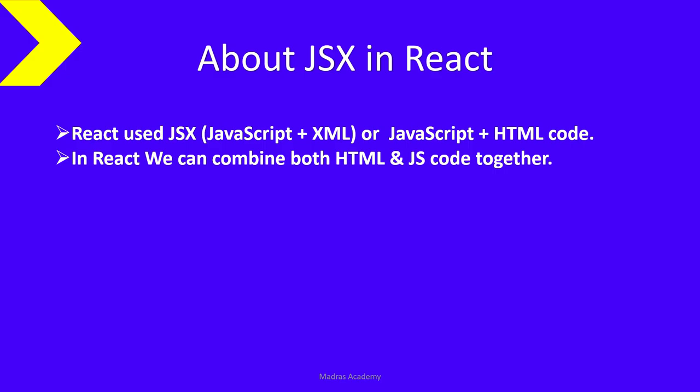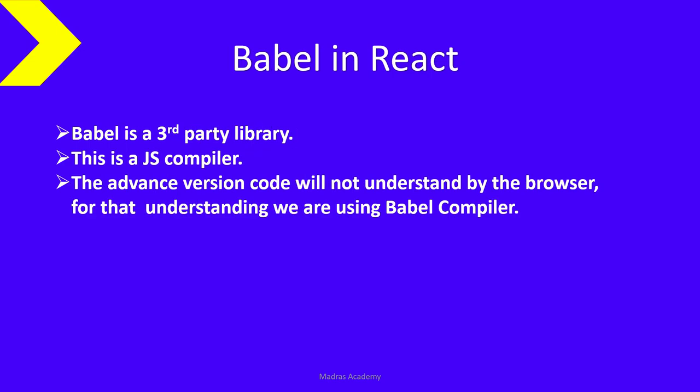In the same way, here also, once you write code in JSX, we need to transform that programming language to JavaScript. Then only will the code be understood by the browser and display the output. So that process is done by Babel.